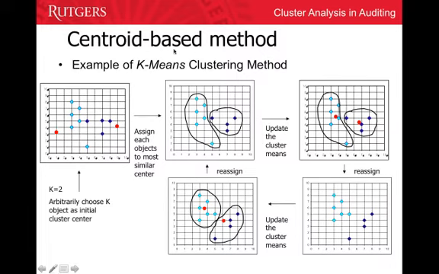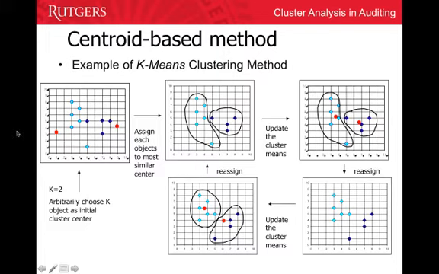For example, in this example, k equals 2. So the users want to find 2 clusters from these points. Then each point is assigned to the closest centroid, and each collection of points assigned to a centroid is a cluster.